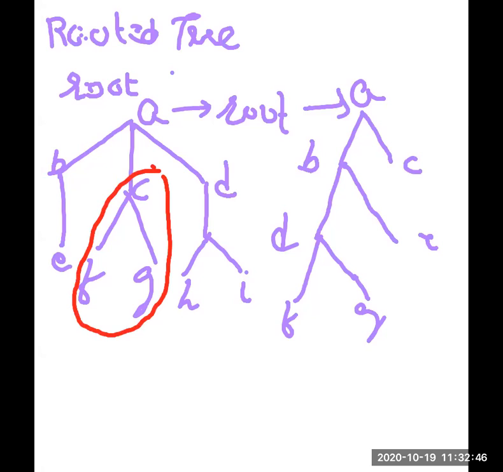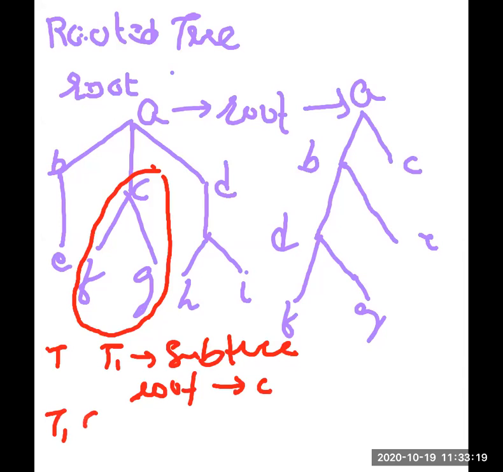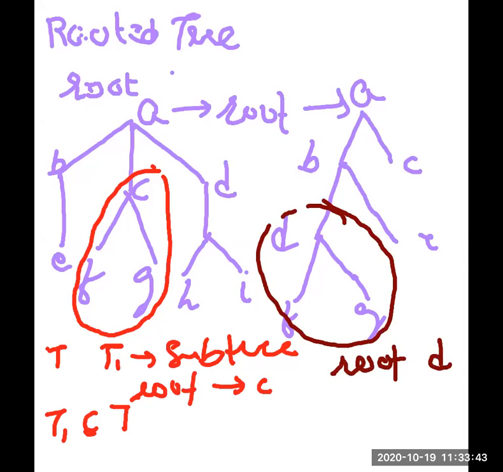Let the whole tree be denoted by T. Then the red color part, let us name it T1, is called a subtree, and the root of the subtree is C. So T1 is a subset of T, and T1 is called a subtree, and its root is at C. Similarly, in the next diagram, the part encircled with brown is a subtree, and the root is D.